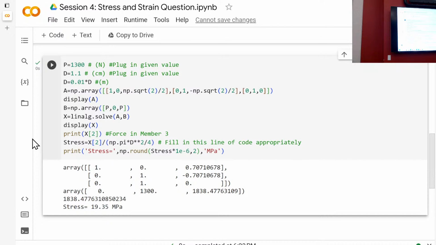Okay, so in this case, x, I'll make brackets 2, that's the force energy. But what we need to do to calculate stress is force by area. Alright? So to do that, you do force divided by the area.